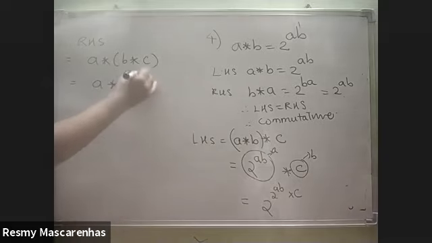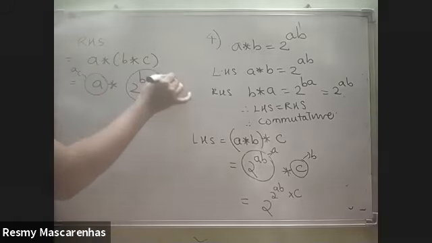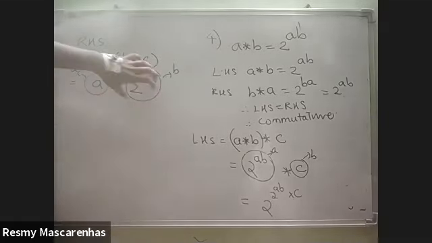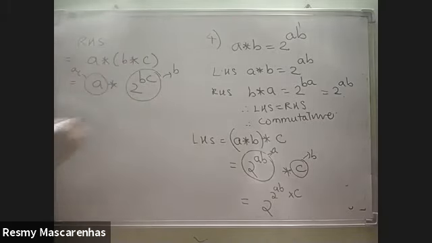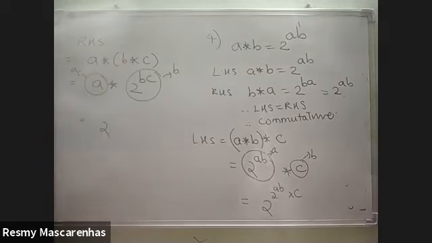This will be 2 raised to bc. Now this is your first term a, and this fellow is your b. This full thing is b. So as per the formula, a star b is what? 2 raised to ab. So 2 raised to a and b. So it is not the same, no?